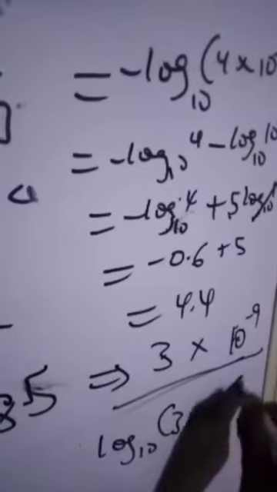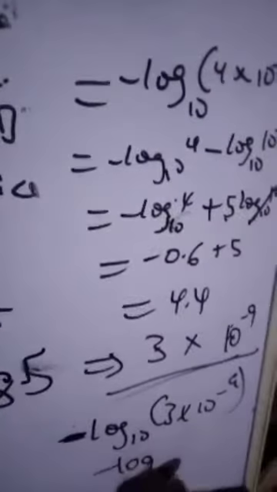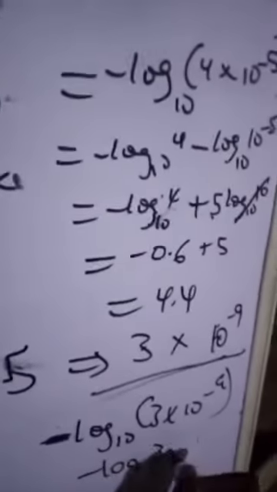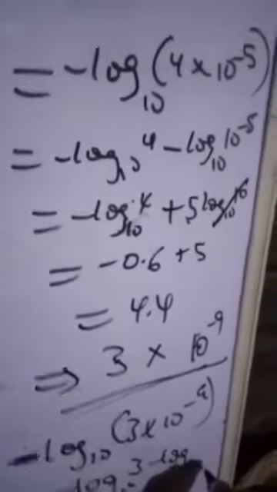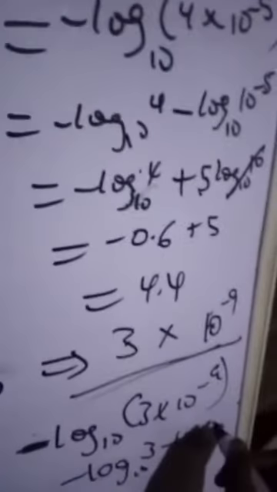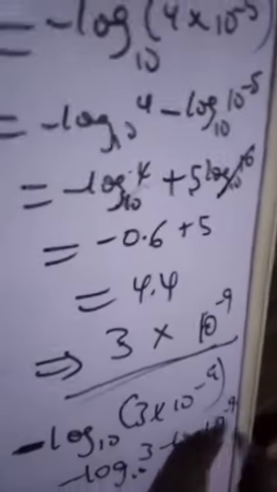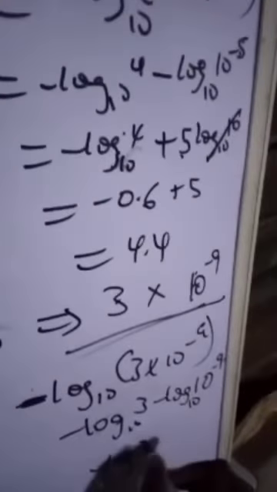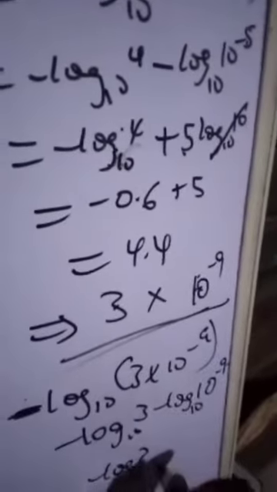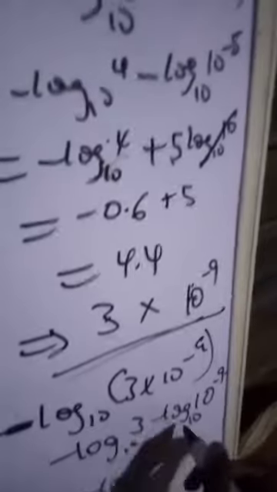Let's check. Log base 10 of 3 times 10 raised to power minus 9. So this will be, it's minus log, the formula. So this is minus log 3, then minus log base 10 of 10 raised to power minus 9.